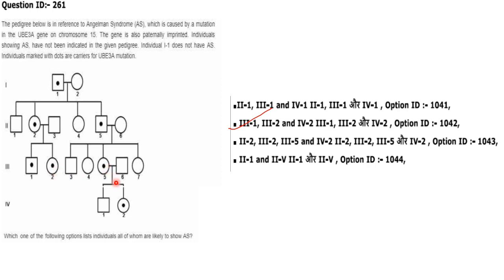Similarly, in the case over here also, 4-2 will be diseased. But if you see here 5-2 and 3-5, if you see those two, this daughter will not be affected because she is getting the mutated gene from the father itself.